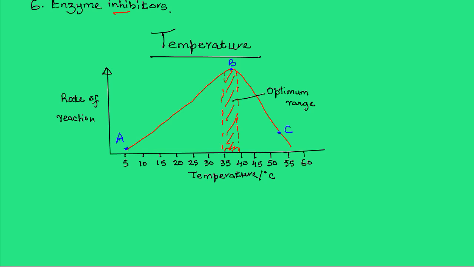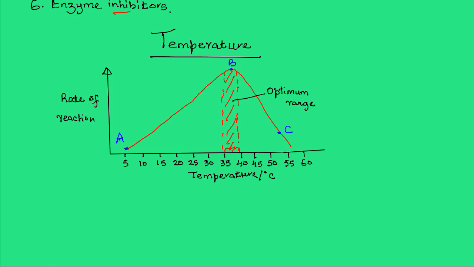For one, temperature affects the rate at which particles move, because the higher the temperature, the higher the kinetic energy of the particles and the higher the rate of reaction. So basically, enzymes react with substrates through collision. So the higher the temperature, the higher the rate of collision between the enzymes and the substrates to form products.